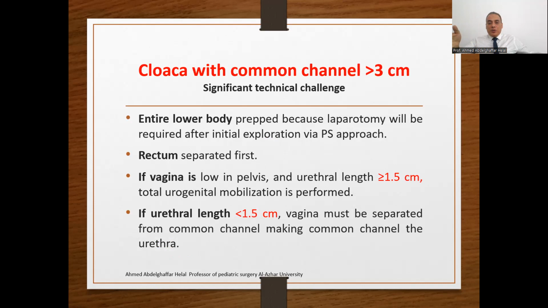The rectum is separated first, and then it depends on where the vagina is. If the vagina is low and we have a urethral length of more than 1.5 cm, we can perform a total urogenital sinus mobilization. However, if the urethra is very short, the vagina must be separated from the common channel, making this common channel the urethra. This is very important.